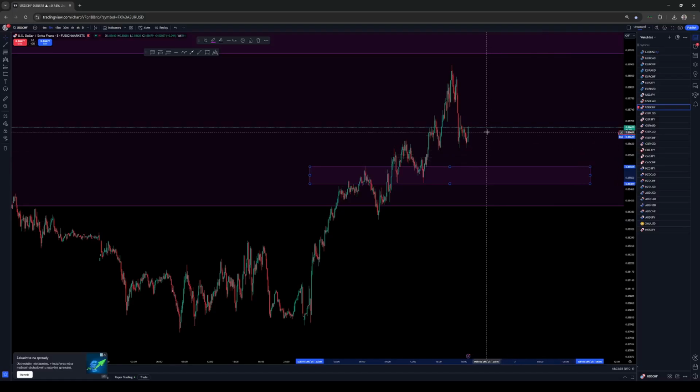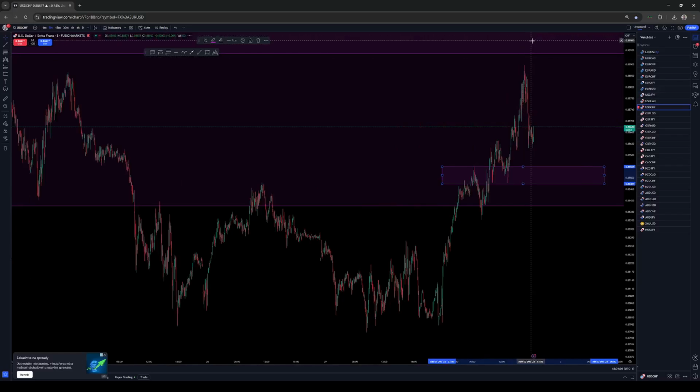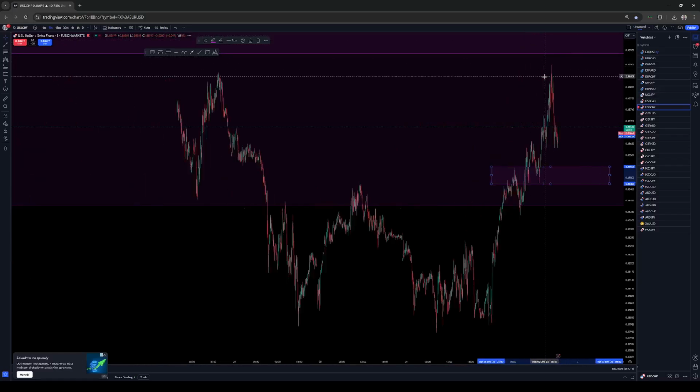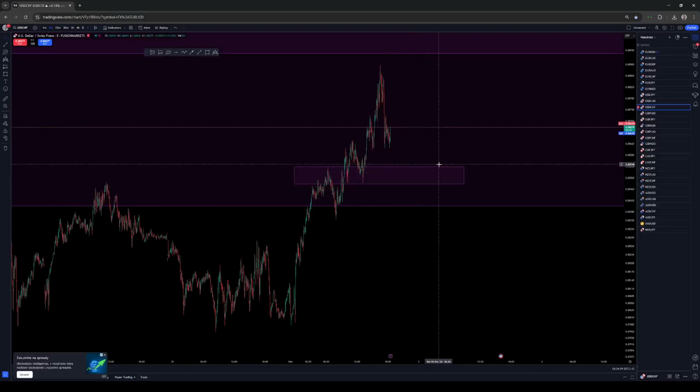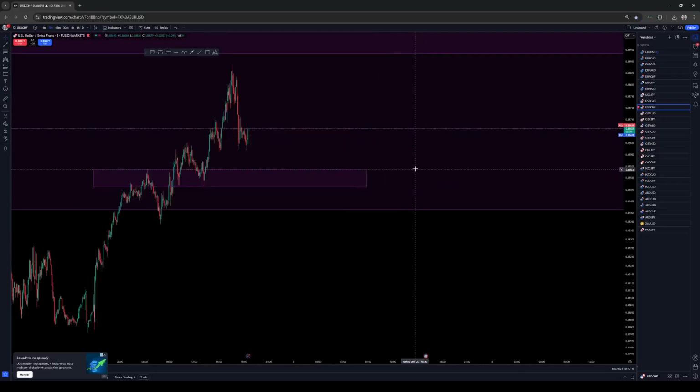But it might also happen that if we get to these levels, I might look to buy and wait to hit these highs here, because I definitely have this feeling that it might go even higher than it is currently. So I will just keep watching this one. I'm not going to place an order, but we'll see.